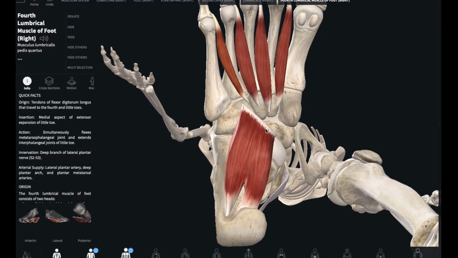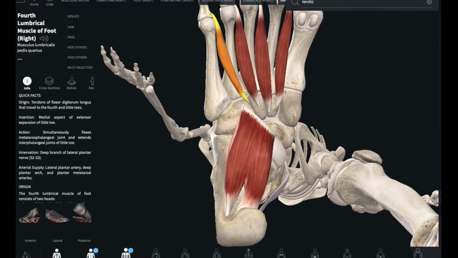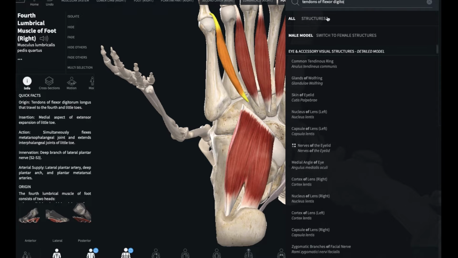Now it looks like they're attached to something here. So tendons of the flexor digitorum. Let's type that in. Tendons. Sorry, sometimes this thing freezes. There. Flexor digitorum.